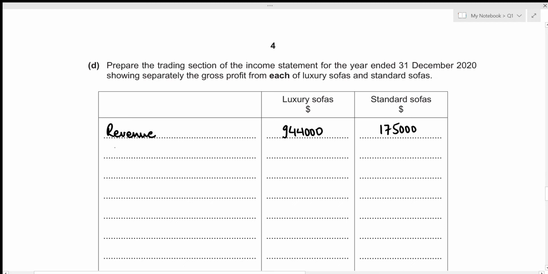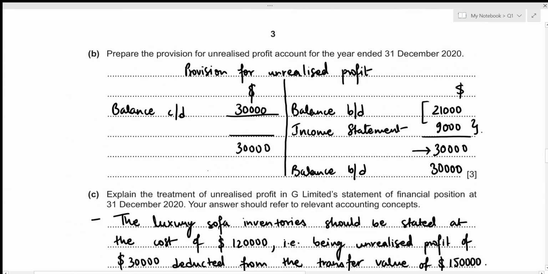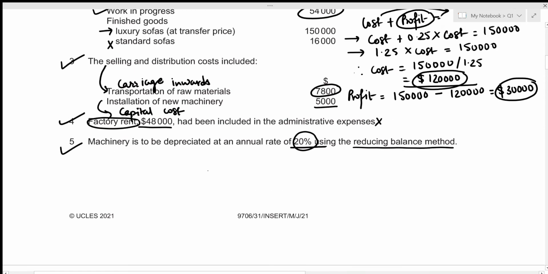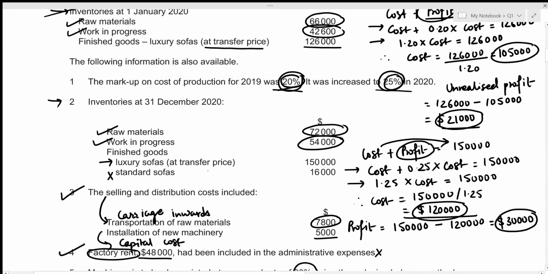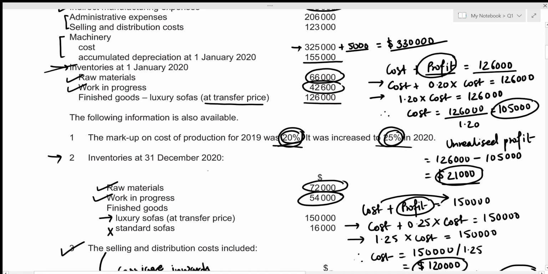Now we just subtract our cost of sales and we start with the opening inventory. So let's have a look at the opening inventory of luxury sofas and standard sofas. And the opening inventory for luxury sofas is actually going to be that of the finished goods, which is given right here.